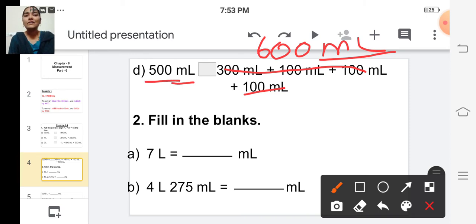So here 500 milliliter and 600 milliliter. So 500 milliliter is less than 600 milliliter, right? 500 is less than 600. So we have to put the less than symbol. Okay. So 500 milliliter is less than 600 milliliter.